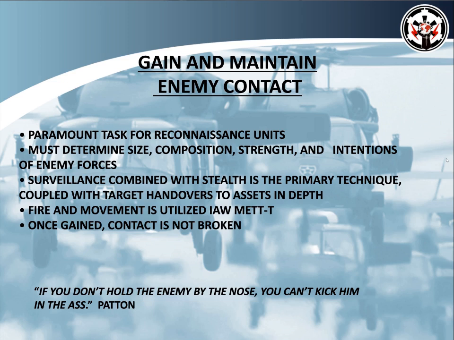So when we're doing this, and we're also looking at how we're going to maintain contact with the enemy, we have to determine what is the size. Because for us to maintain contact with the enemy, we don't want to, in essence, be head-on fighting with them. We might want to bug them.